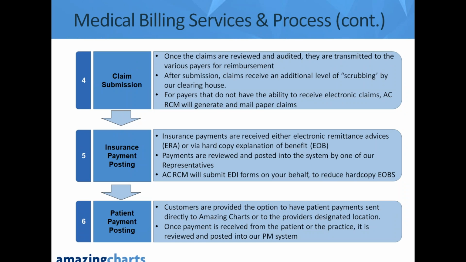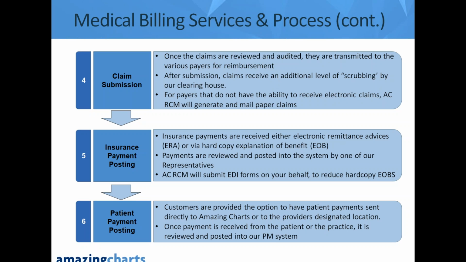The clearinghouse is going to add another layer of claim scrubbing to the claim review, and it's going to reject anything that's questionable or not accurate, which gives us the opportunity to fix that claim immediately. So we call that a first pass rejection, and we actually work on first pass rejections within an hour or so of submitting your batch.